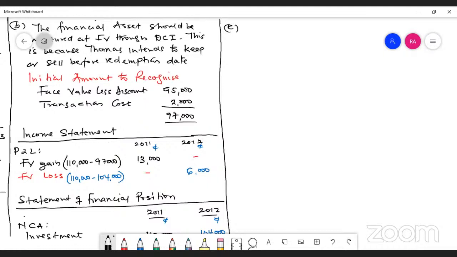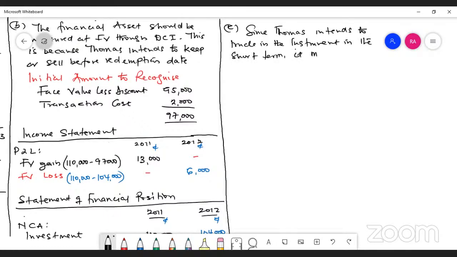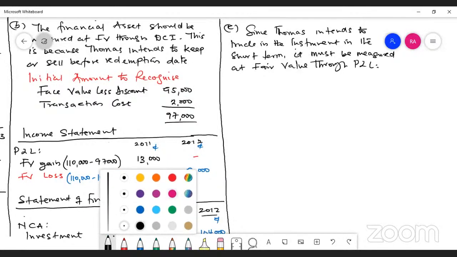So the C part, you see that since Thomas intends to trade in the instrument in the short term, it must be measured at fair value through P&L.